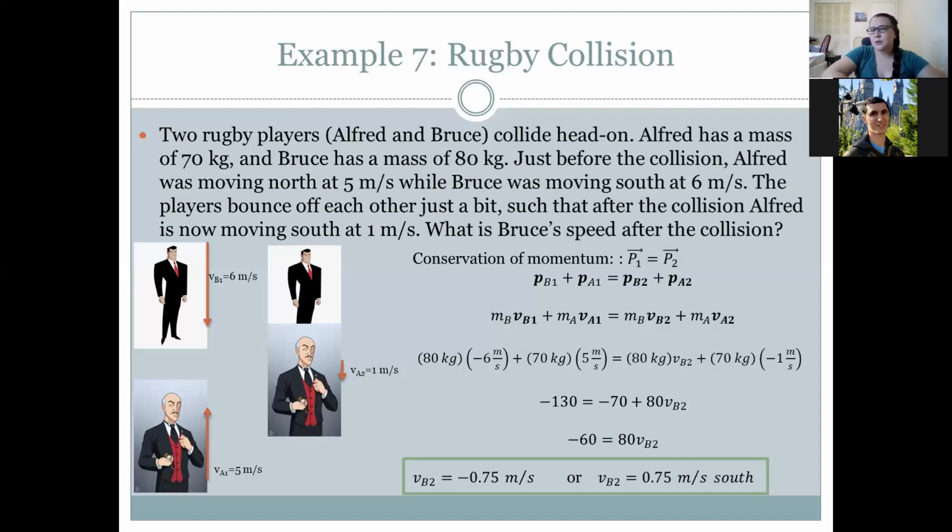So it's not actually a perfectly inelastic collision, but we can't really tell if it's an elastic collision or an inelastic collision unless we actually calculate the energy and see whether or not the kinetic energy is conserved. Now, I don't have an actual slide going through that, but that would be the way that we would have to determine whether or not it's elastic or inelastic.